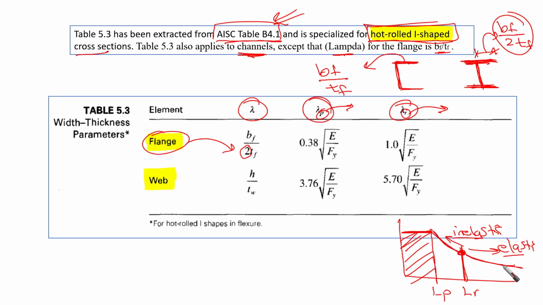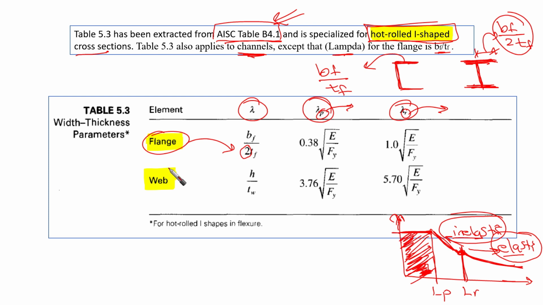So buckling: elastic buckling and inelastic buckling. If we're talking about beams, it is going to be elastic lateral torsional buckling and inelastic lateral torsional buckling. Here, this is the case of full plastic behavior, plastic hinging, or we can call it the plastic moment would be developed here.